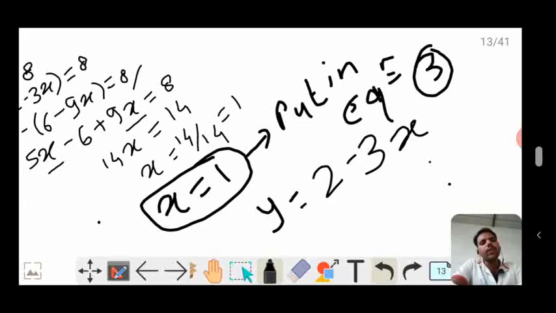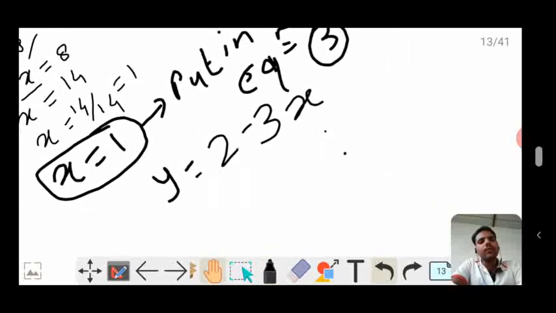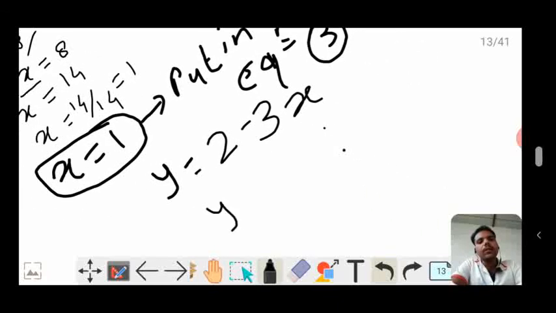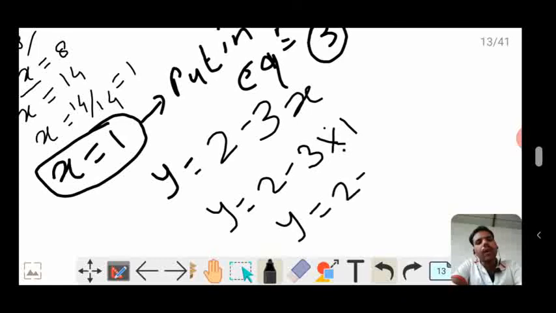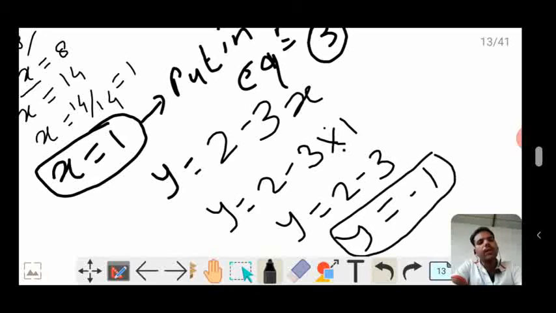So we put x is equal to 1, so we get the value of y. So y is equal to 2 minus 3 into the value of x, which is 1, so we get y is equal to 2 minus 3, so y is equal to minus 1. 2 minus 3 is minus 1.